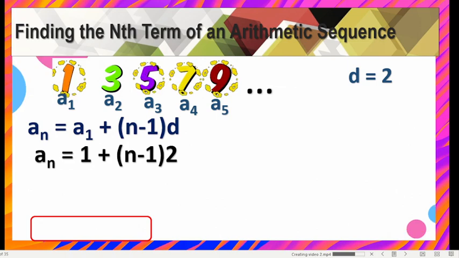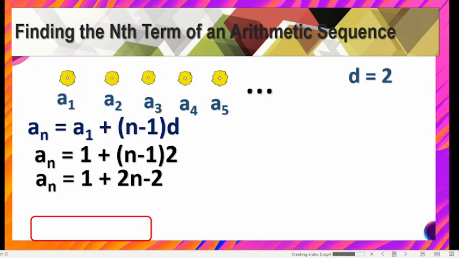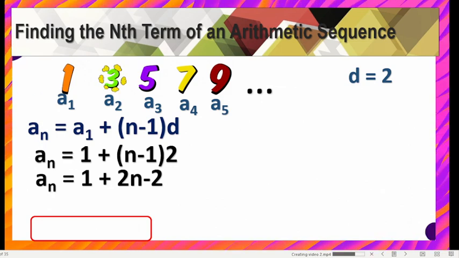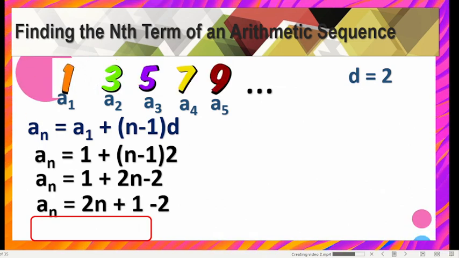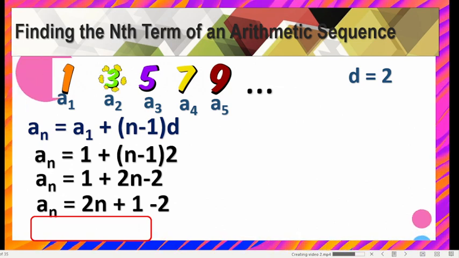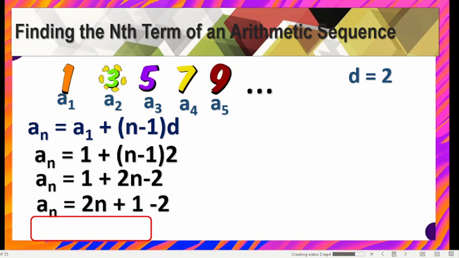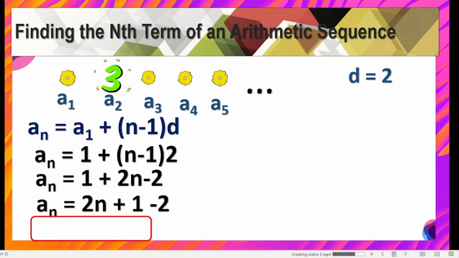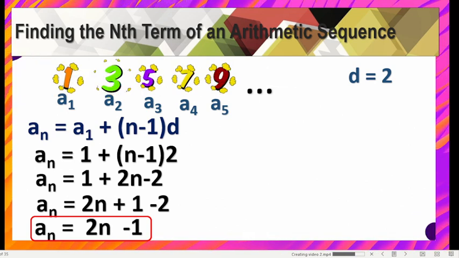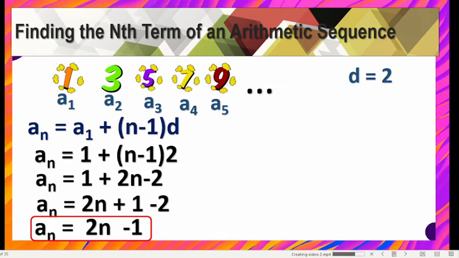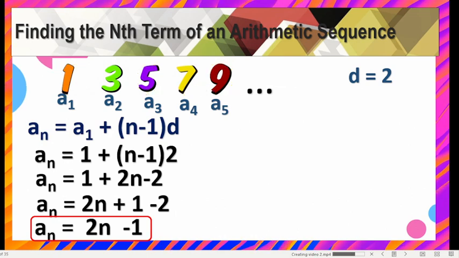Manipulating the equation, we have a sub n equals 1 plus 2n minus 2 using the distributive property. Combining similar terms, we have a sub n equals 2n plus 1 minus 2, and 1 minus 2 is equal to negative 1. Therefore, a sub n is equal to 2n minus 1, which is the nth term of the given arithmetic sequence.